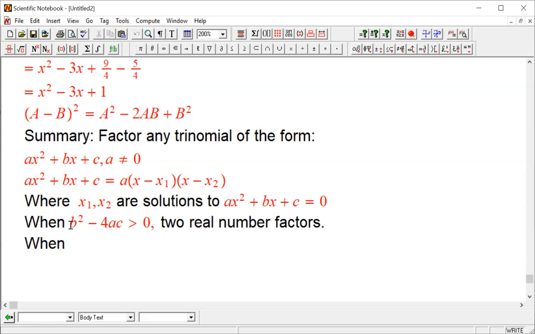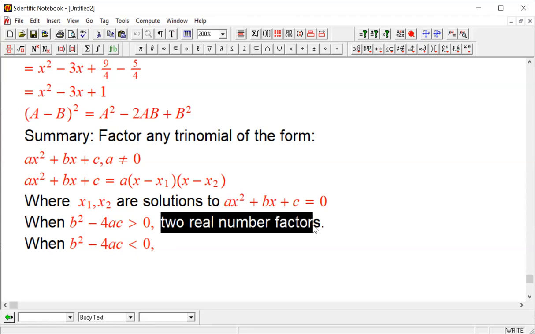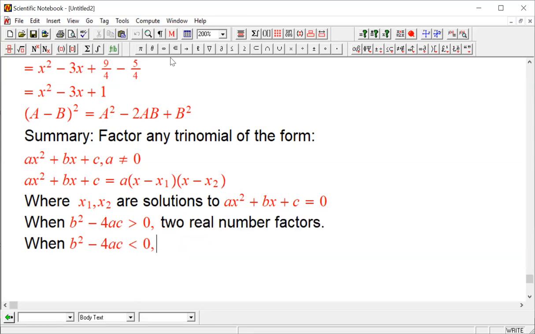When b squared minus 4ac is less than 0, we will have two complex number factors.